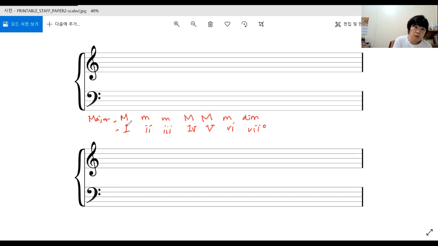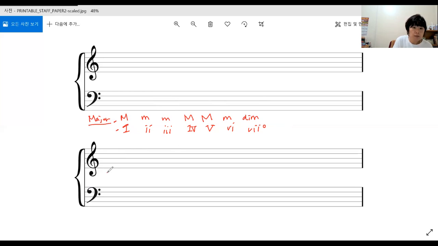So when you see this in your theory book, that means the uppercase is major and the lowercase is minor. All the major scales, you see this pattern, right?